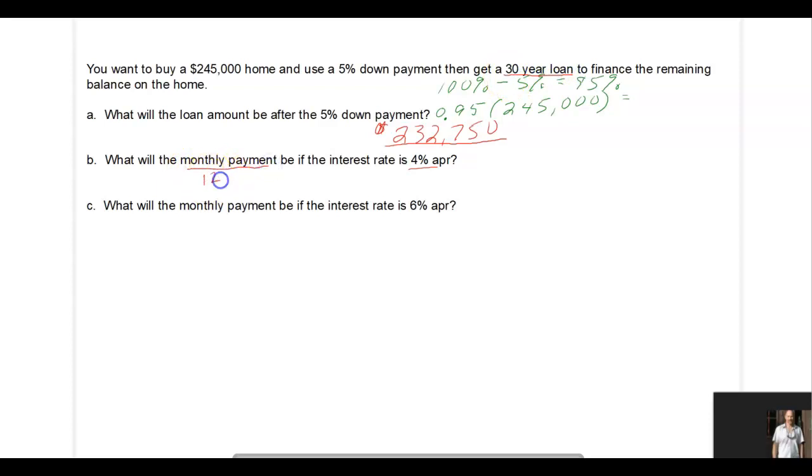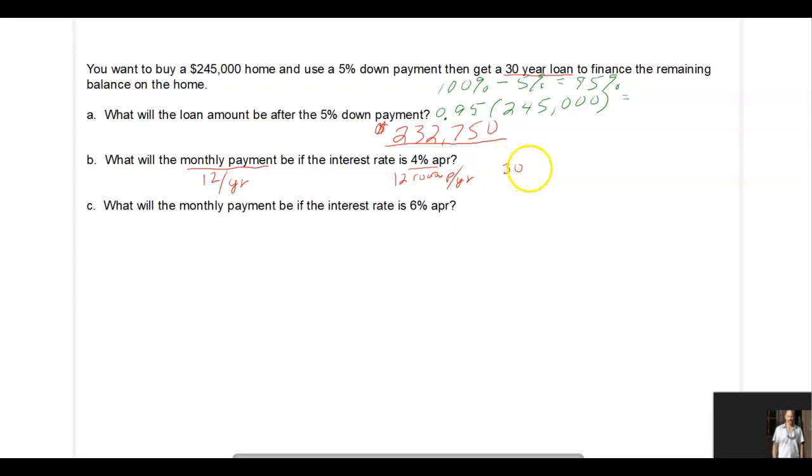So that's 12 months per year, which means 12 compoundings per year, and that's for 30 years.